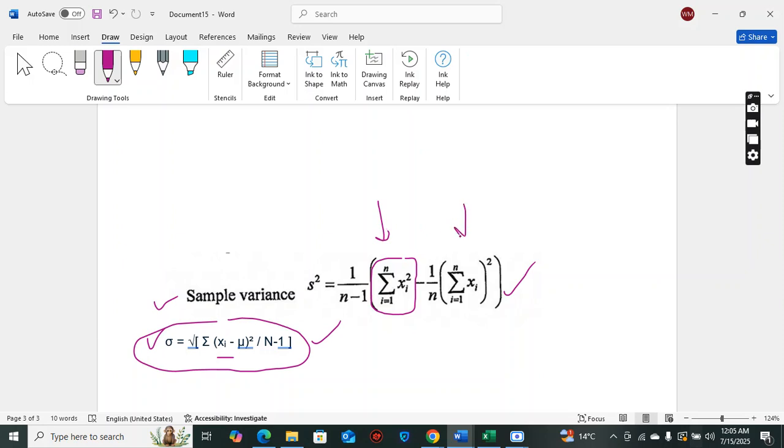Then here, the total: remember that 638 we calculated as the total sum of the numbers? You're going to square that total sum. Are we clear with that, colleagues? Should I repeat myself?